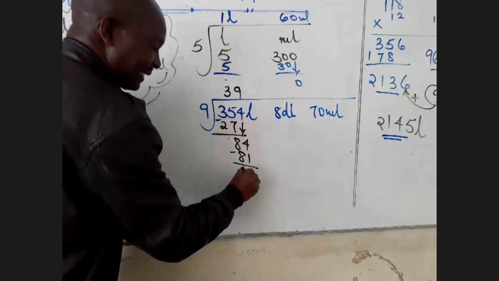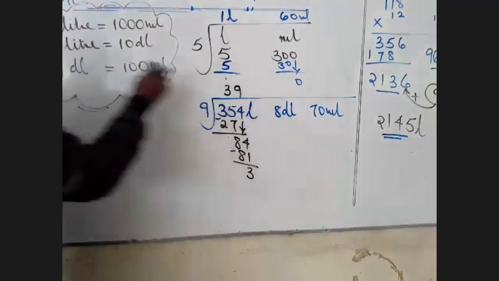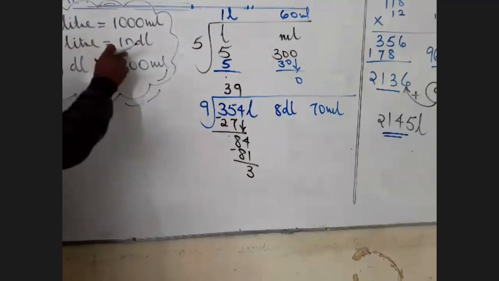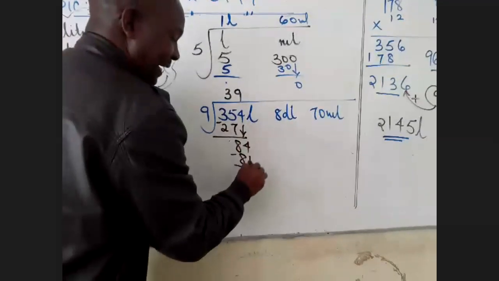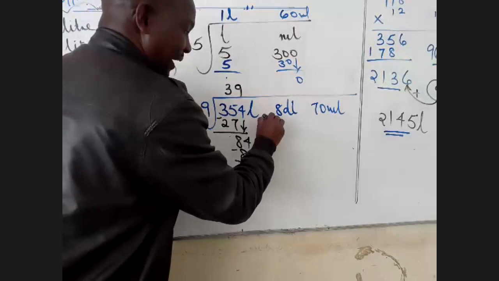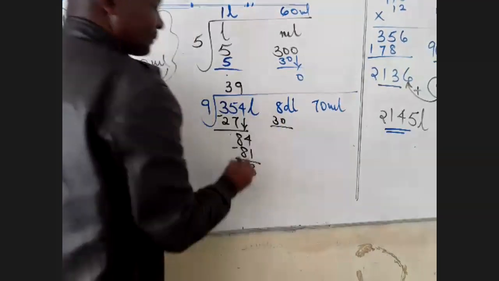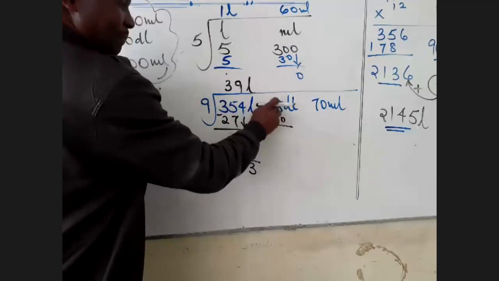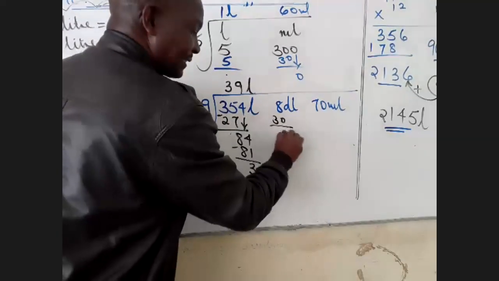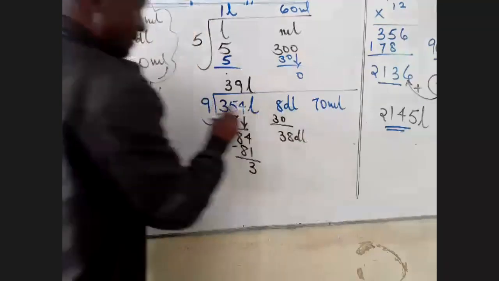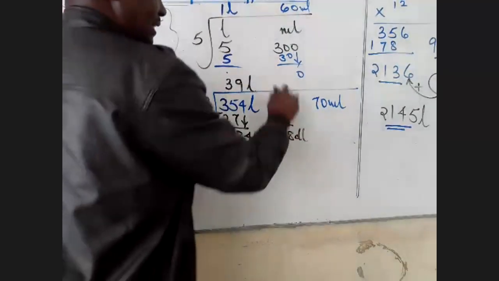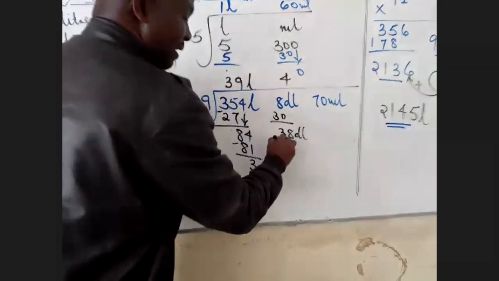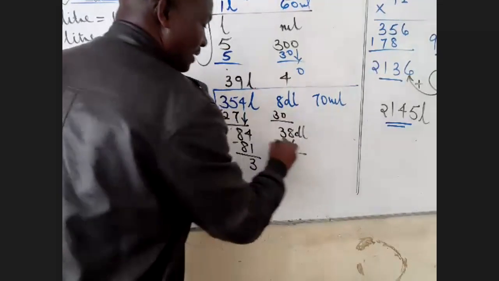Change these liters into deciliters. Liters into deciliters times 10 to become 30. So the liters are gone. 30 plus the 8, 38 deciliters. 9 into 38, 4 times because of 36.